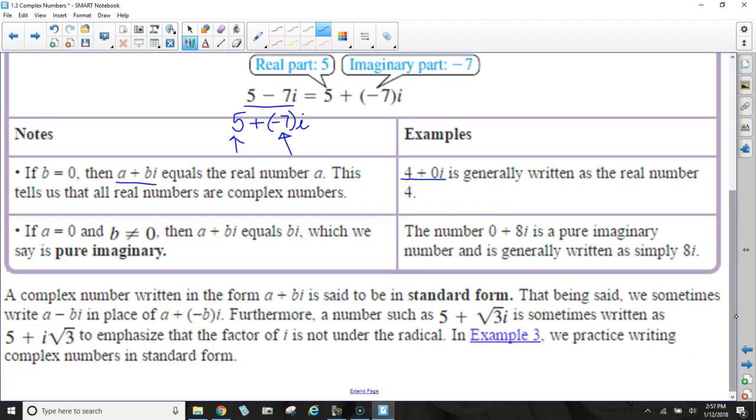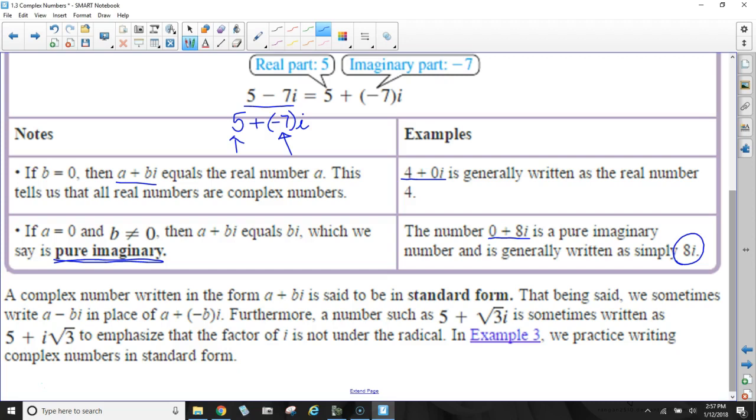Now, if a is equal to 0 and you only have the imaginary part, the b term, we say that is pure imaginary. So the number 8i can be written as 0 plus 8i, or just simply 8i, the pure imaginary 8i.